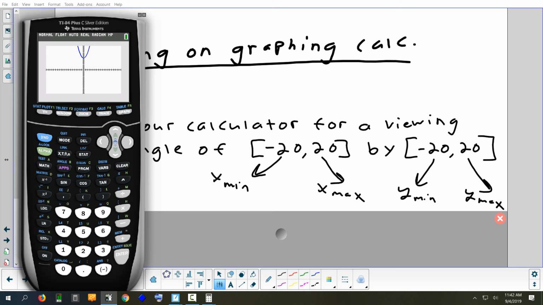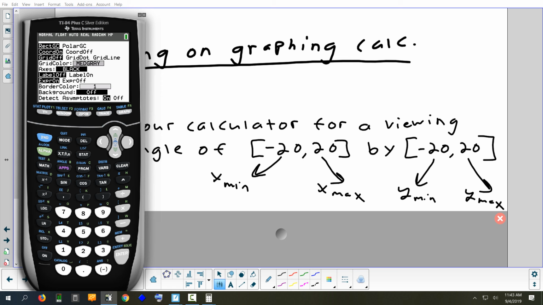Mine's not showing the axes. If your calculator is not showing the axes, you can press second, format, and go to axes, and make sure they're on black, because if the axes were white, you wouldn't see them.